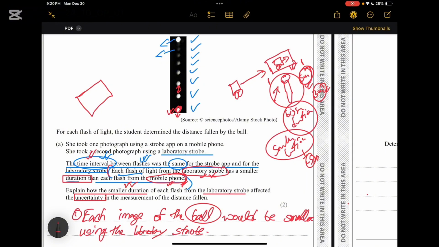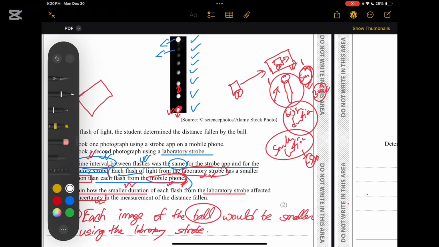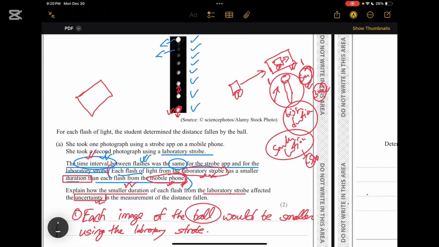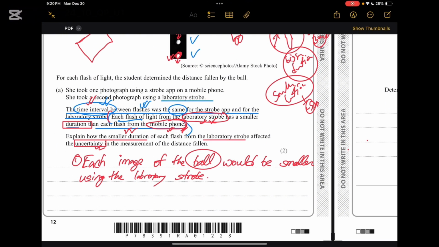This is our first point. And they have asked us about the uncertainty. What will happen to the uncertainty? The uncertainty will be less because the image is smaller and you can capture it with more precision. So these are the two points that you can use.